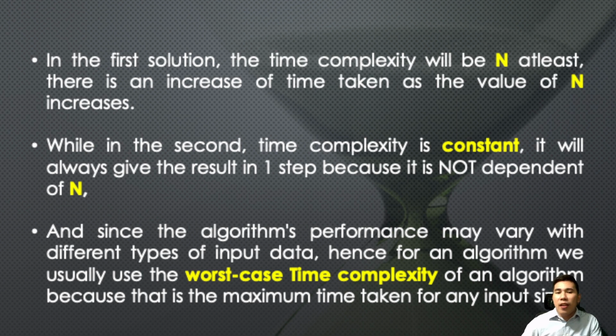And since the algorithm's performance may vary with different types of input data, for an algorithm we usually use the worst case time complexity, because that is the maximum time taken for any input size, which will be our focus in the next topic.